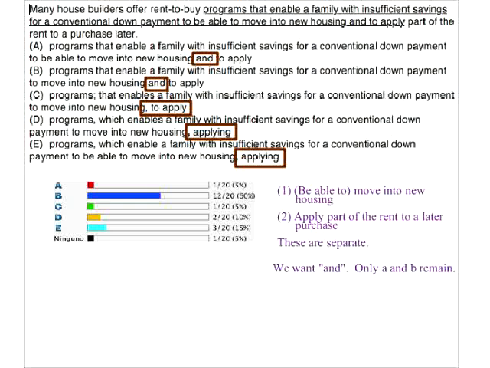If there are any questions about that, feel free to put them in the text box. Between A and B, I'll make a long story short. Maybe we can smash out another problem here. This says enable, and this says to be able. So that is one of the most redundant things I've seen in a long time. You can't enable someone to be able to do something.